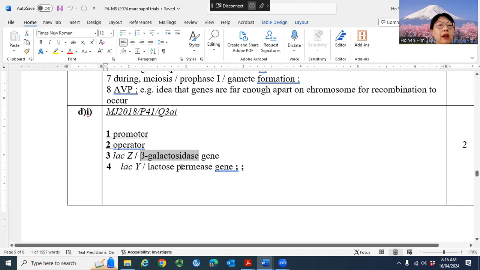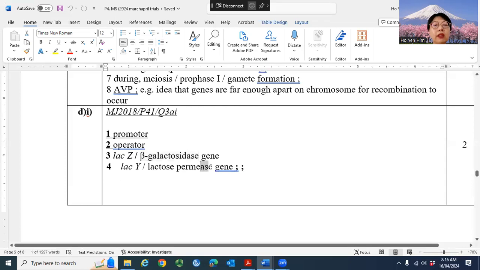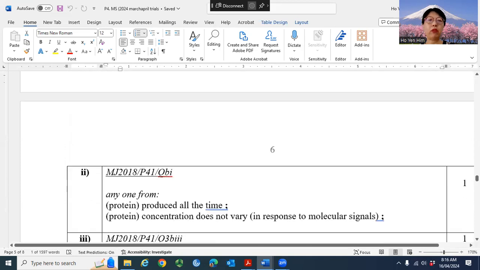LacY is lactose permease gene, the gene coding for this enzyme. So permease means what? Making the membrane permeable. So it's coding for an enzyme that catalyzes the synthesis of the carrier protein for lactose. Okay, because why? ACE means it's an enzyme coding for the protein, carrier protein.